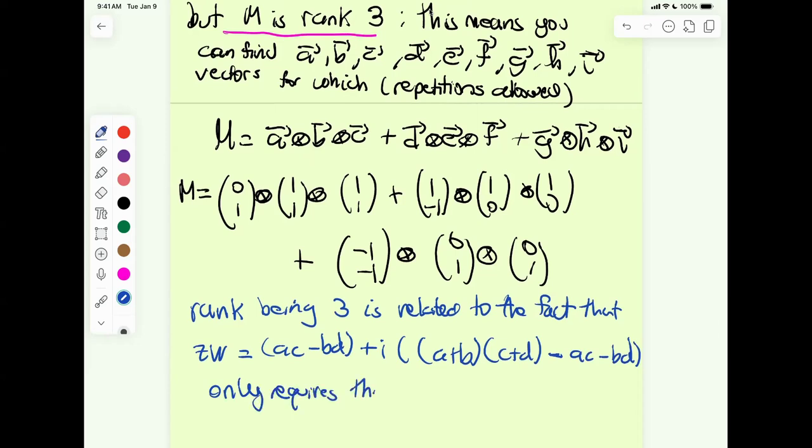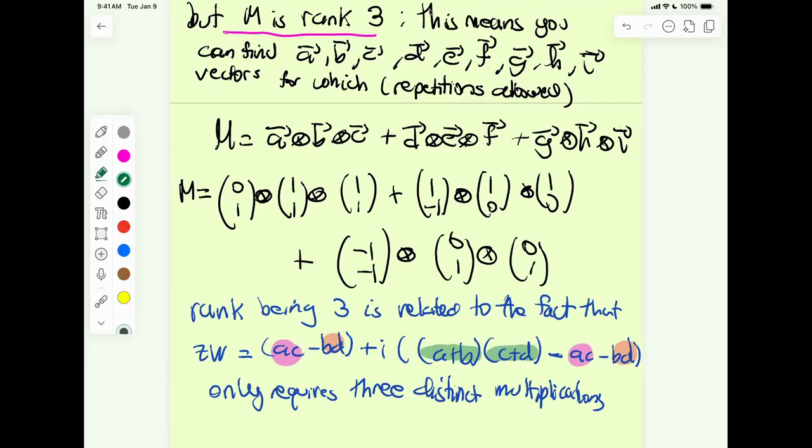3 distinct multiplications. What are the products that you need to compute here? You definitely need AC. That's 1 multiplication. Then you need BC. That's a second multiplication. And then you need to do (A plus B) times (C plus D). So that's the third multiplication.